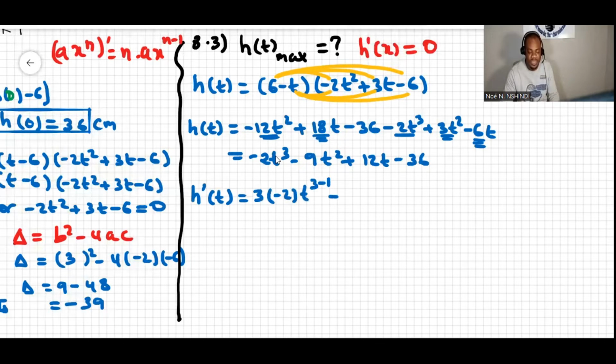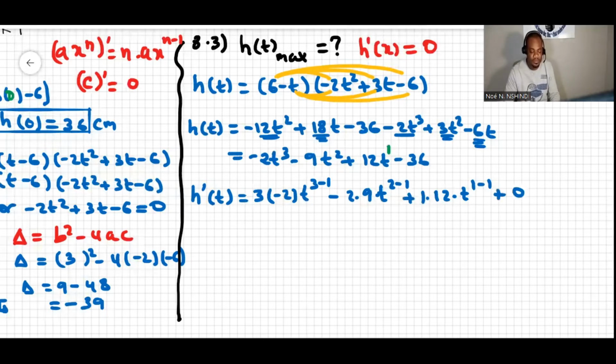Then minus 2 times 9 times t to the 2 minus 1. Over here the exponent is 1, so plus 1 times 12 times t to the power of 1 minus 1. And the derivative of any constant is equal to 0, so plus 0.